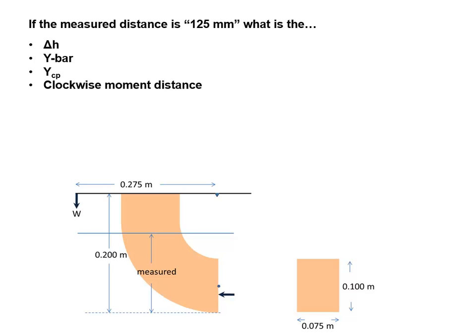So what's the clockwise moment distance? Based on what I've given you so far, how can we find the clockwise moment distance? Perfect, yeah. So the clockwise moment distance is the 0.075 plus the YCP. And that total length is 0.1611 meters.